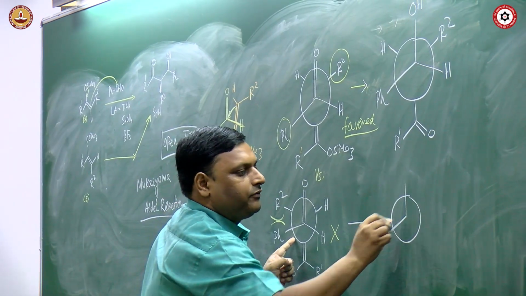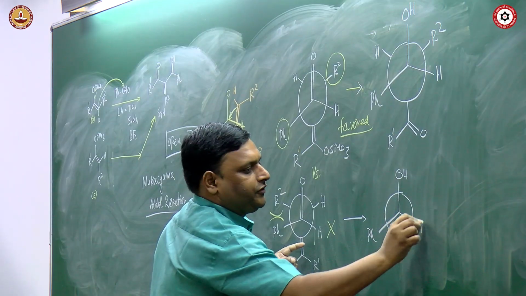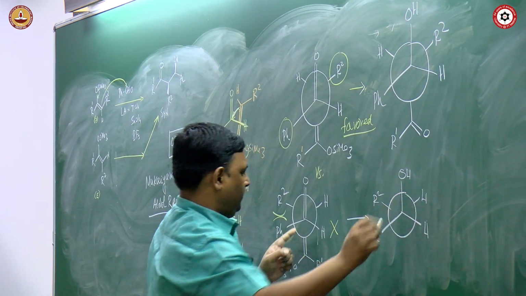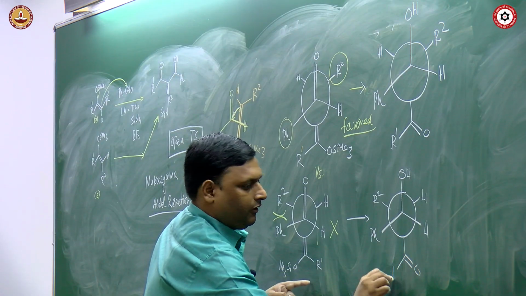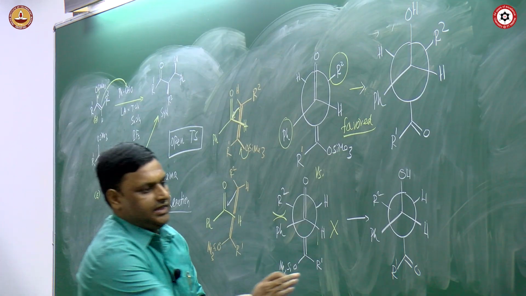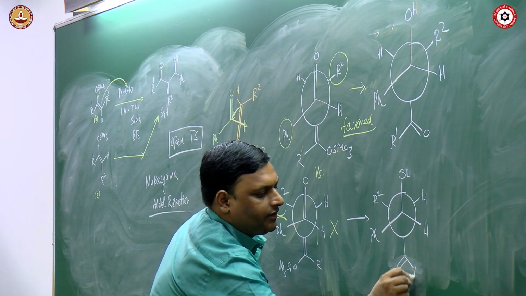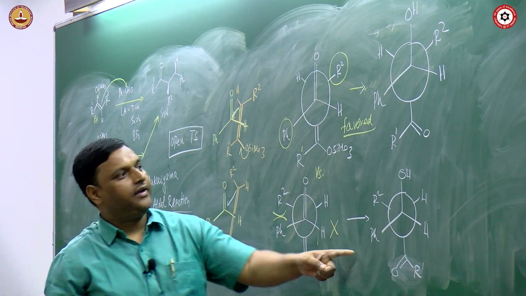So what I will get: hydrogen, OH, hydrogen, I got R2, hydrogen, carbonyl and the R1, correct? Both are actually the same, because now it is a single bond, it can easily rotate.